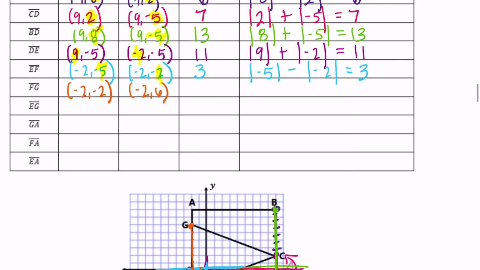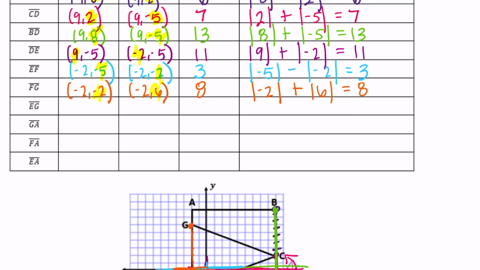Now, they are on opposite sides of 0, so we're going to be adding them together. So we have the absolute value. Which ones are different? The y coordinate. So the absolute value of negative 2 plus the absolute value of 6 is equal to 8. The distance between those coordinates is 8.